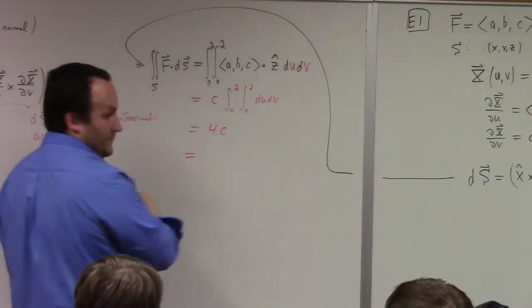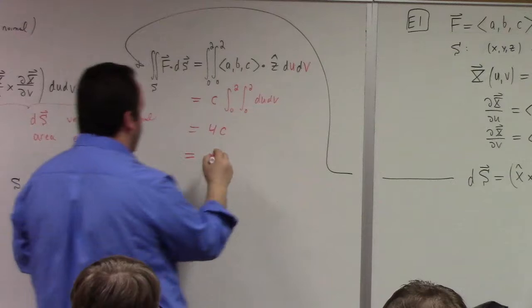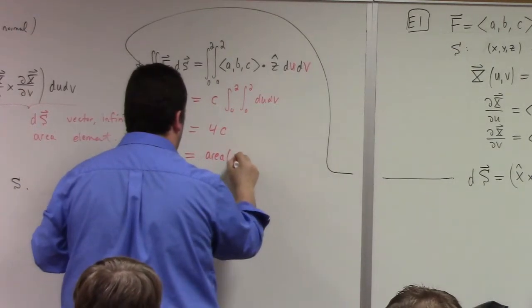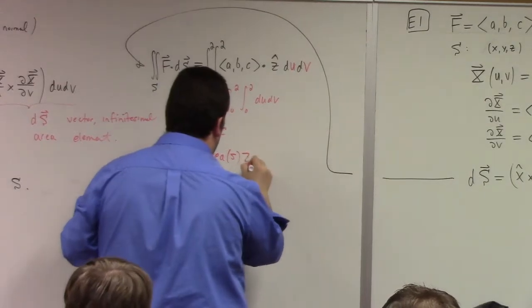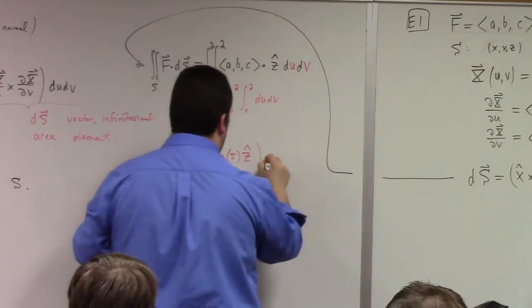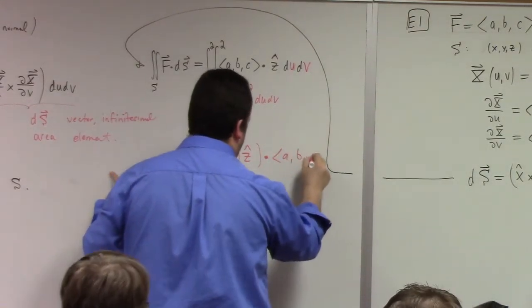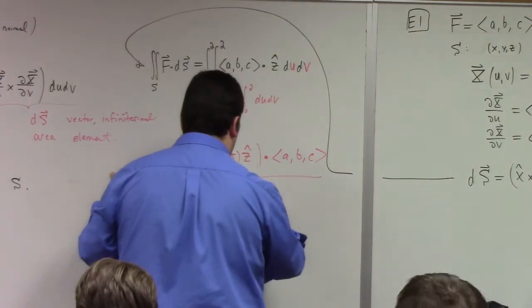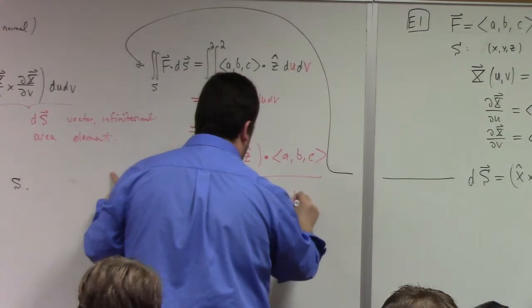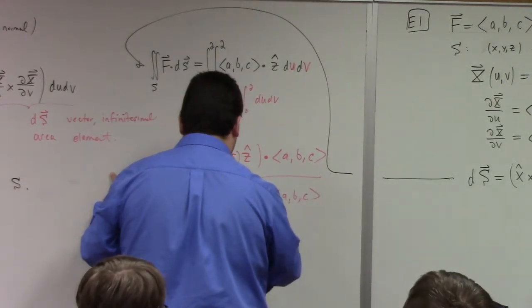This is equal to the area of S times z hat dotted with (A, B, C). This is the flux of (A, B, C) through S.